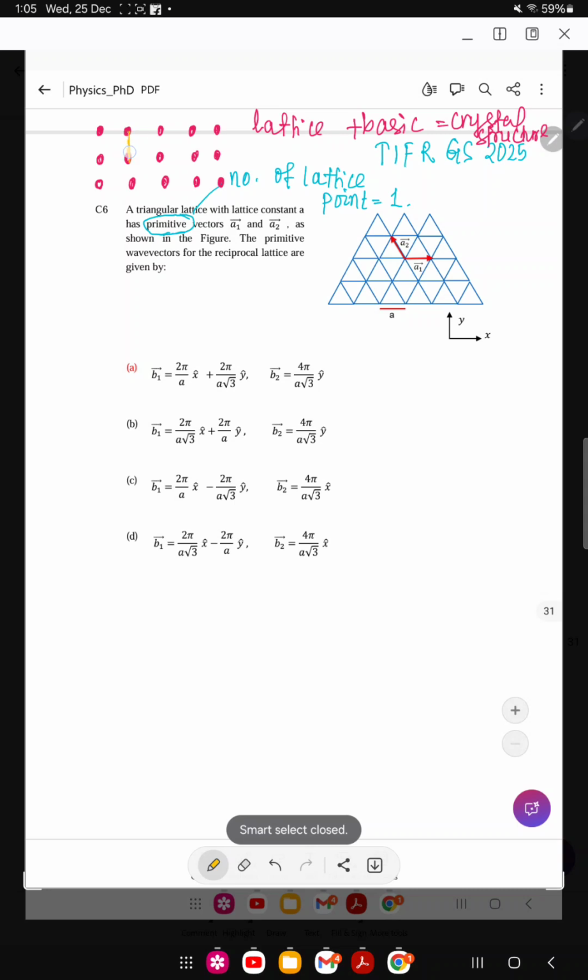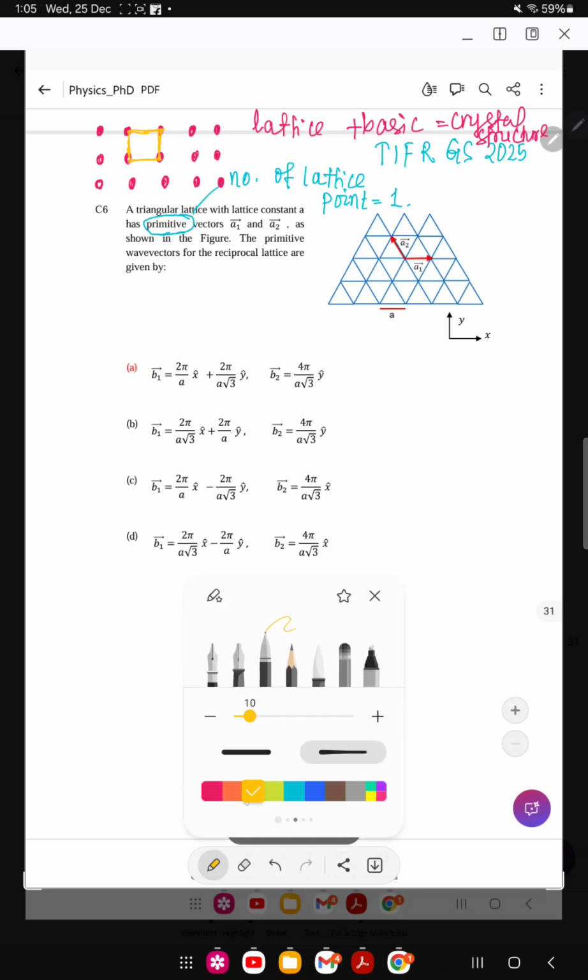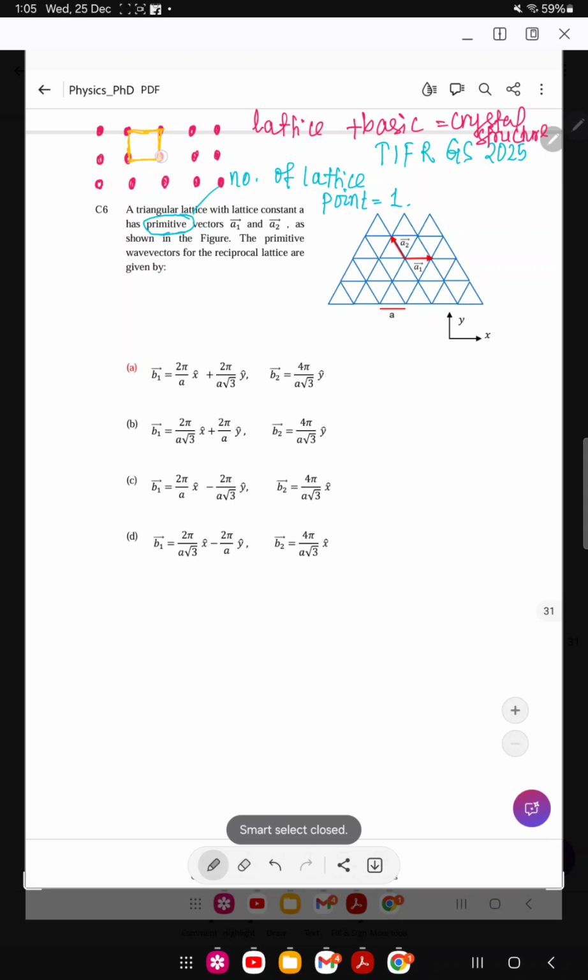This is one type of square unit cell. Here the number of lattice points is 1, but in another case the number of lattice points is not 1, it is 2. So this is a non-primitive unit cell, and this is a primitive unit cell.